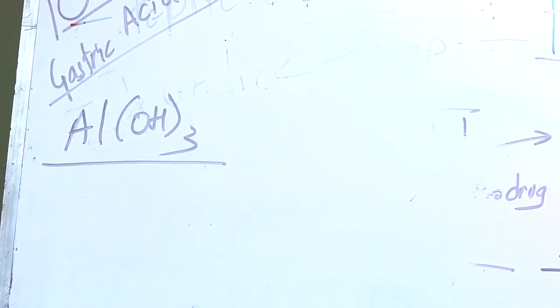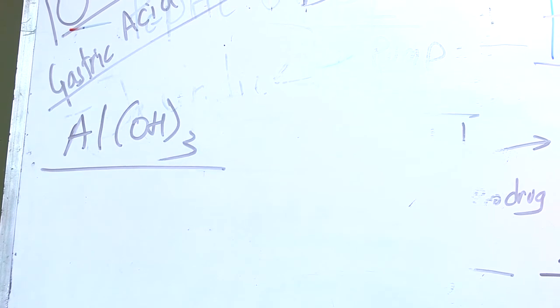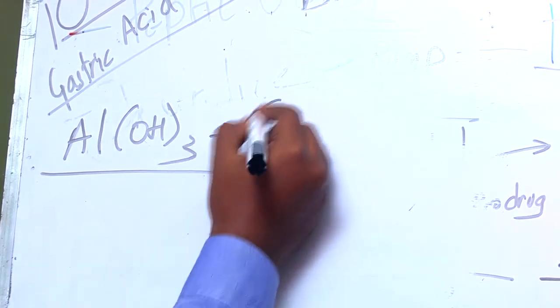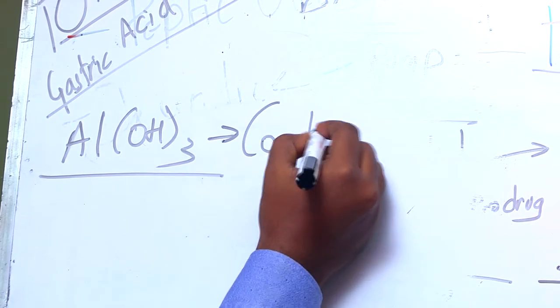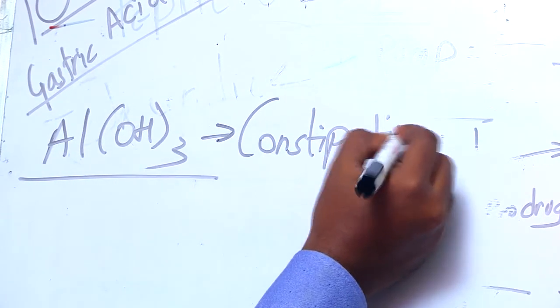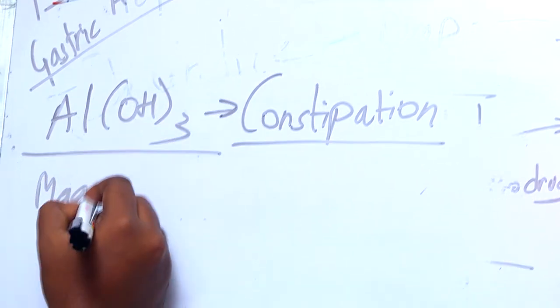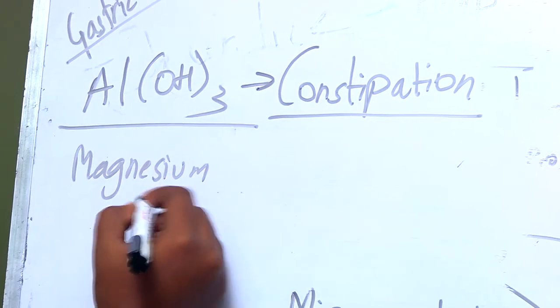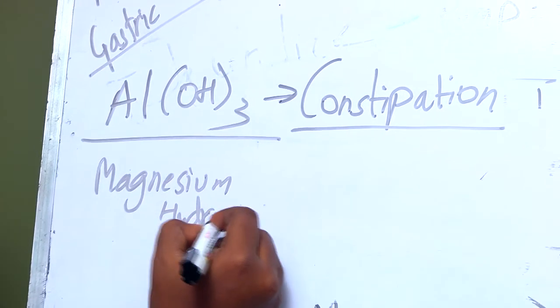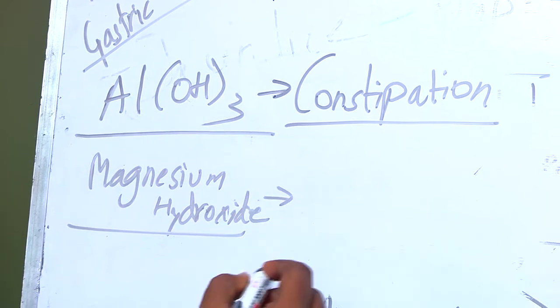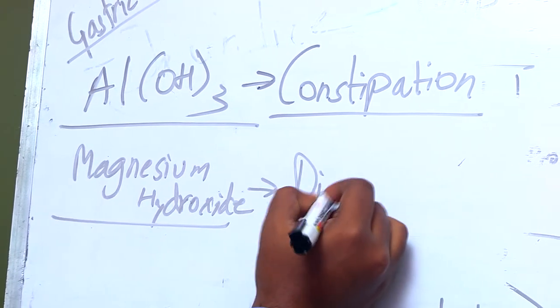Yes, it neutralized the gastric acid, and the patients were not having any symptoms, but an important adverse effect which was noted was constipation. Then they came up with another drug called magnesium hydroxide. This also was quite good, but again it had an important adverse effect called diarrhea.